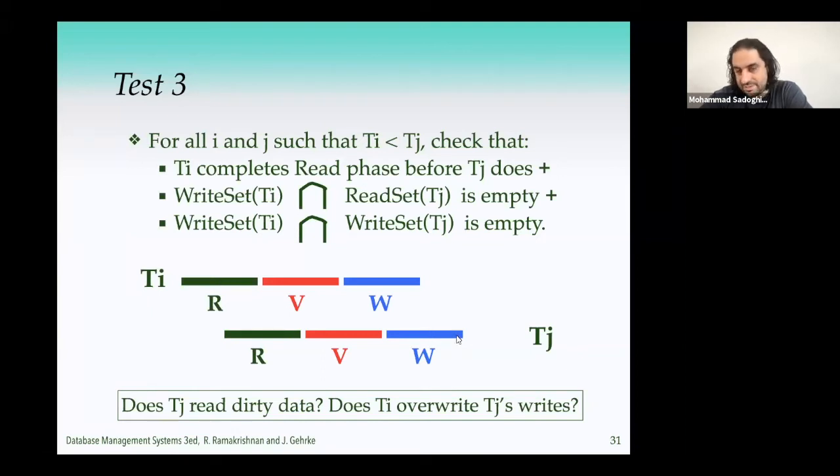That's the only thing that is being allowed. But since this write, we know already, happens once the read is completed, they're already being sequenced. And so by that construction, that's also being taken care of.